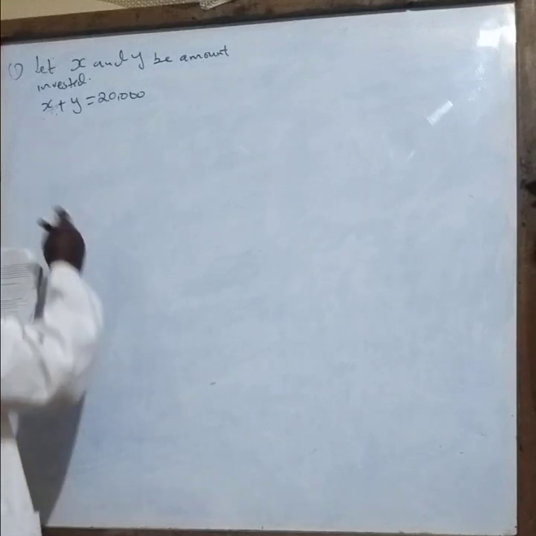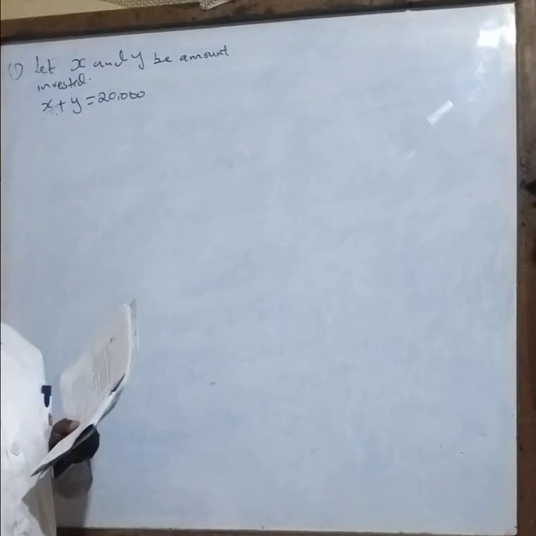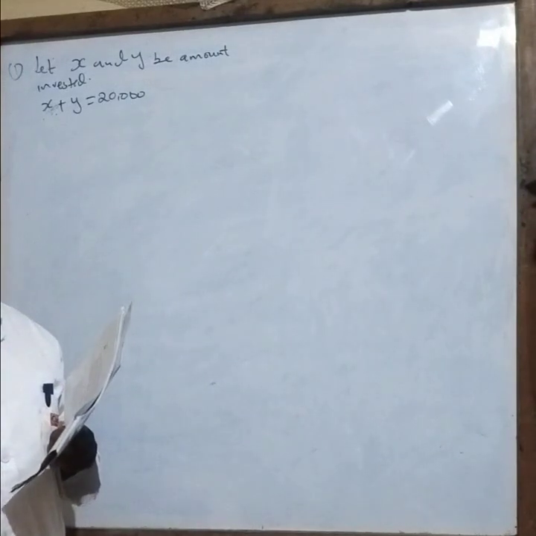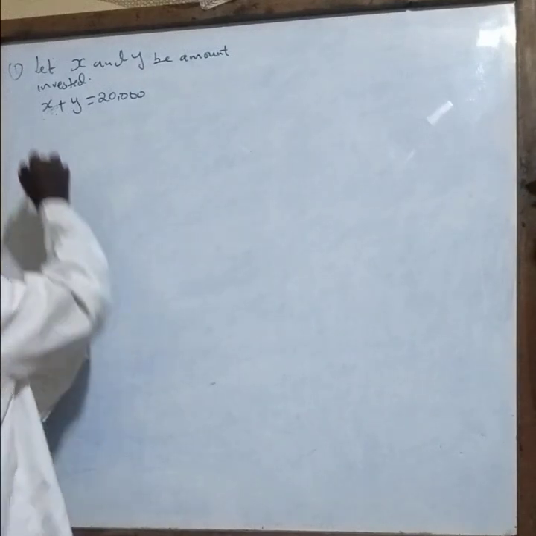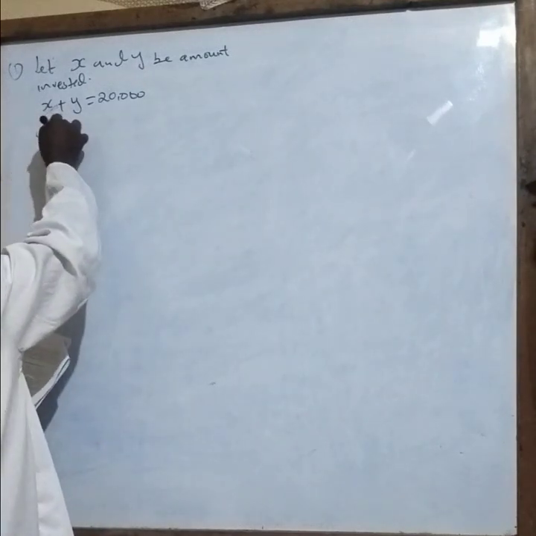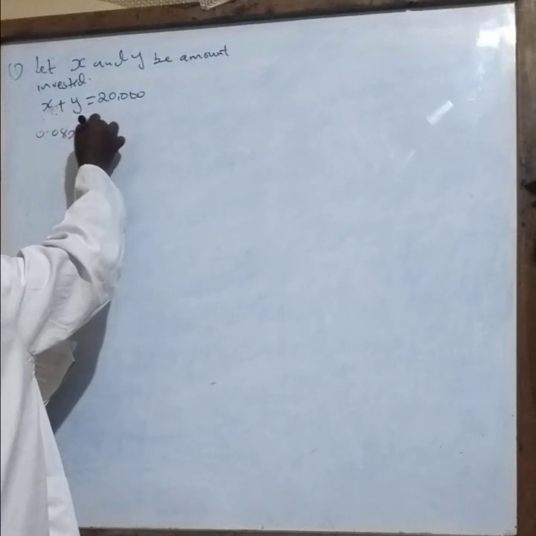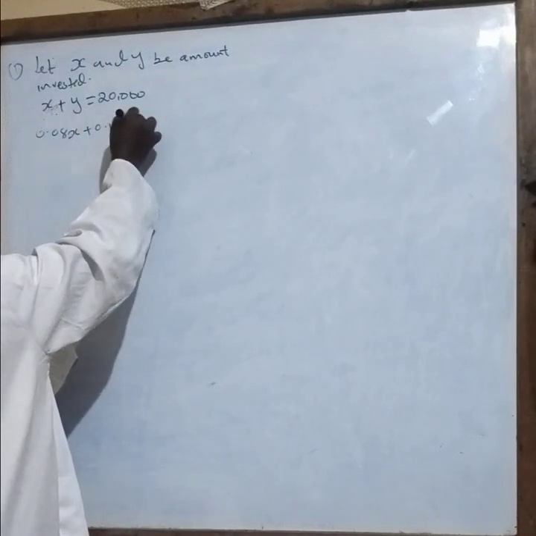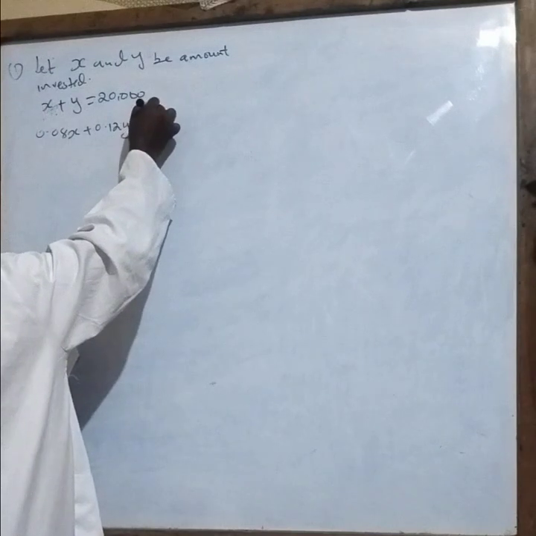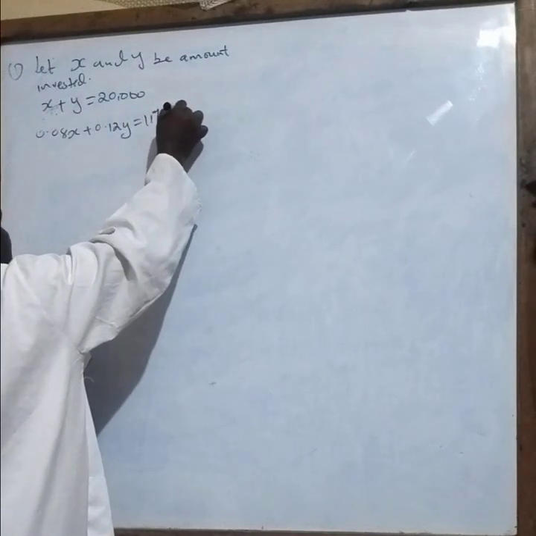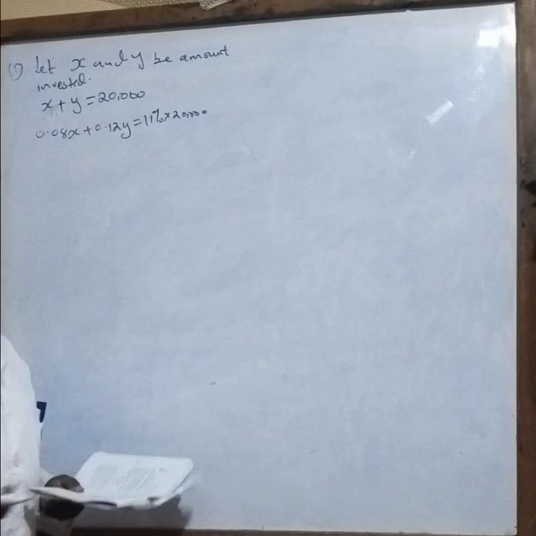Therefore, my computation now will be, instead of saying 8%, I'll just put them in decimals, 0.08. So it will now be 0.08x plus 0.12y should be equal to 11% of 20,000. That is what the question is saying.